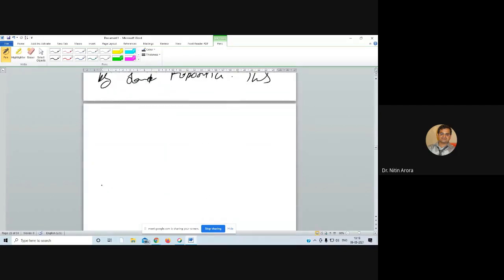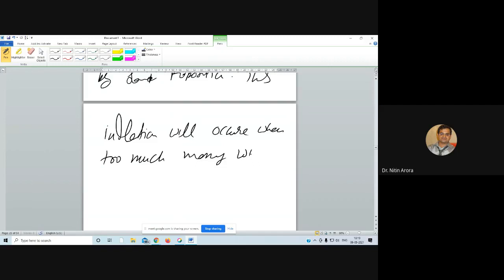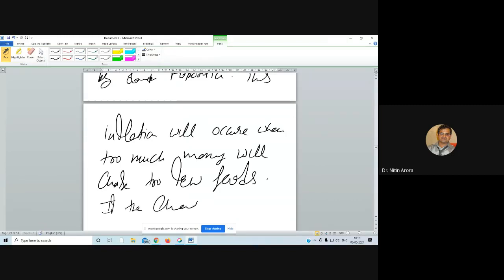Thus, inflation will occur when too much money will chase too few goods. If the quantity of goods is sufficient, then that much is sufficient.